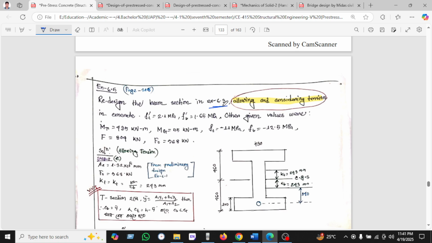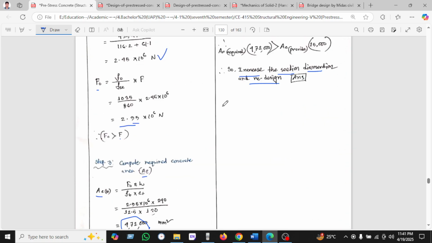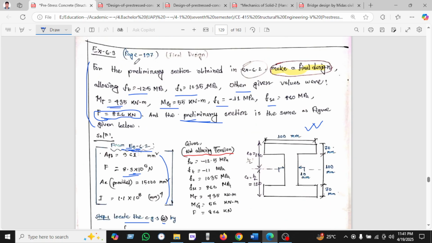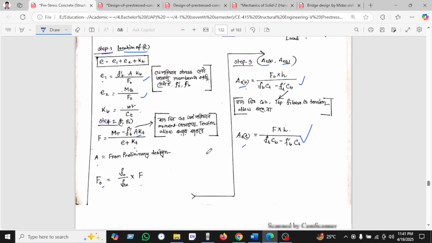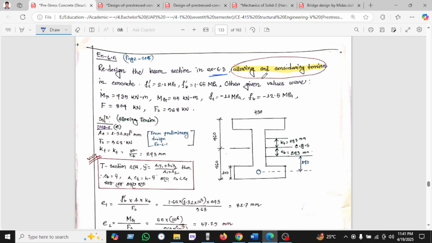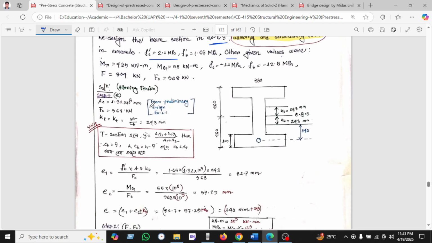We have seen example 6.3 previously. Our recommendation was to increase the section and redesign, so now we'll see the redesign. We'll do the redesign allowing and considering tension in concrete. The data is given here, and other values are given here. I'm keeping here the allowing tension.